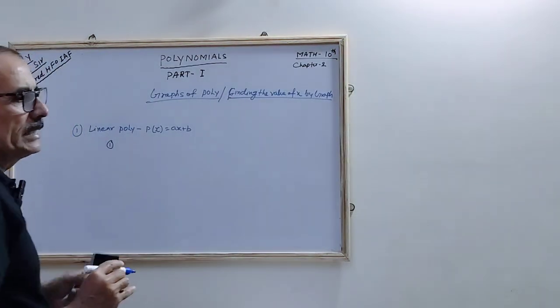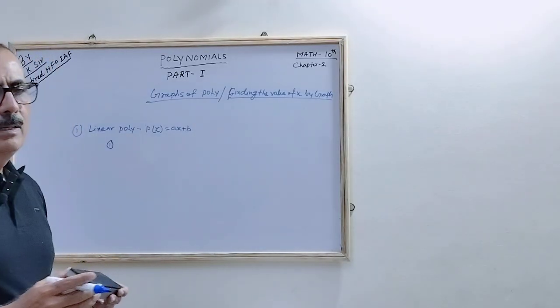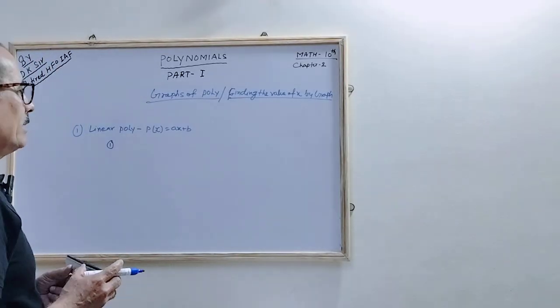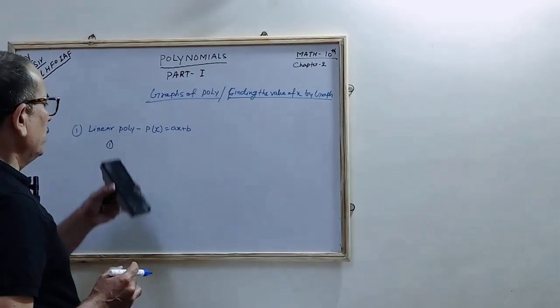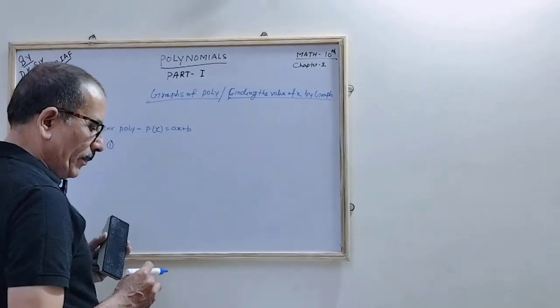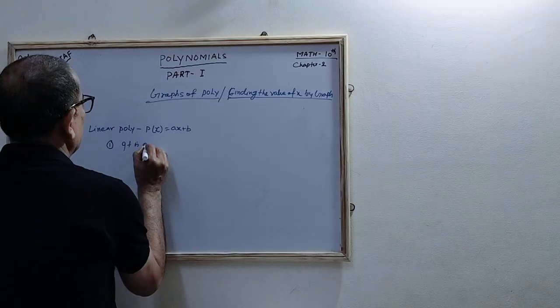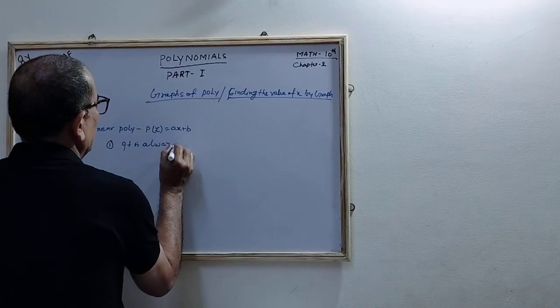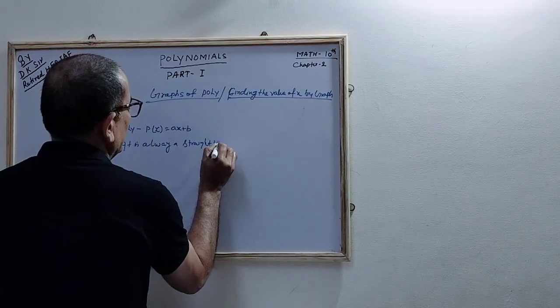The coordinates are found in the xy plane. The xy plane has ordinates, that is x and y ordinates, called the coordinates. So you need to find out the values of that, correct? So the linear polynomial will always be a straight line, correct? We should know it. It is always a straight line, correct?